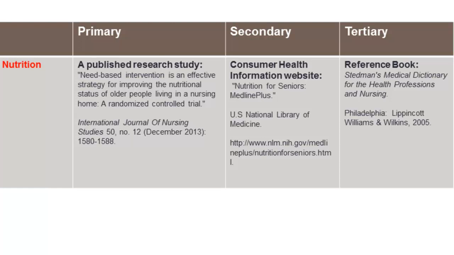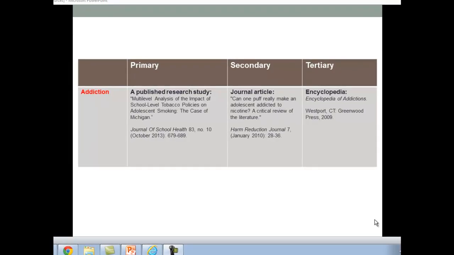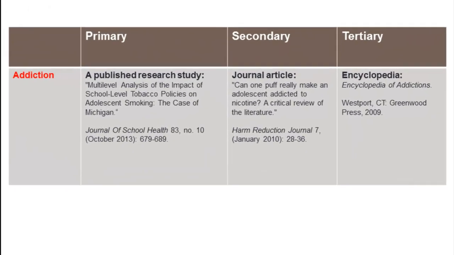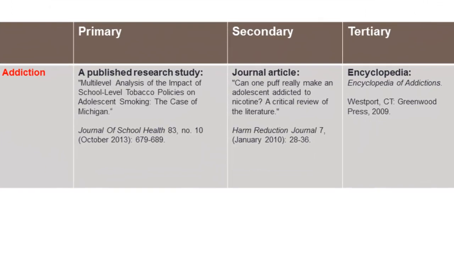To review, primary sources like research studies, autobiographies, or original documents were created at the time under study. Secondary sources like informational websites, journal articles, or nonfiction books may use or cite primary information sources, but they are created after the period in question with the benefit of hindsight.